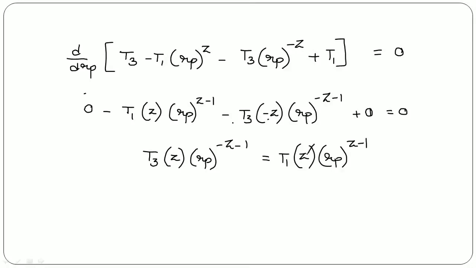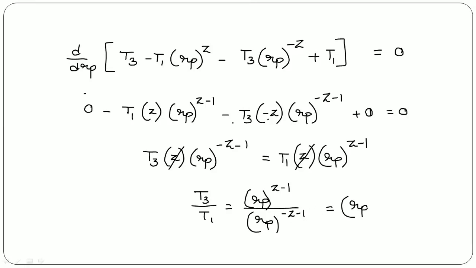So z gets cancelled, and from this we can write T3 by T1 is equal to Rp to the power z minus 1 by Rp to the power minus z minus 1. Taking this to the numerator, this becomes Rp to the power z minus 1 plus z plus 1.